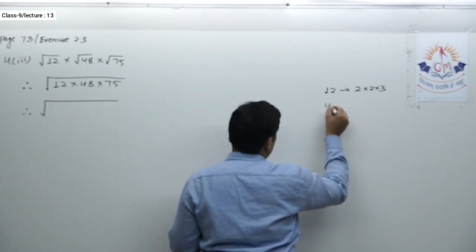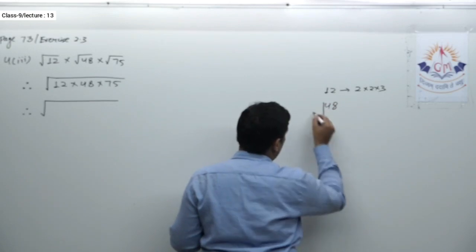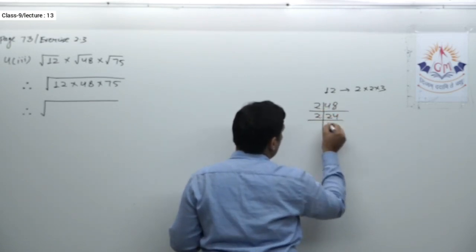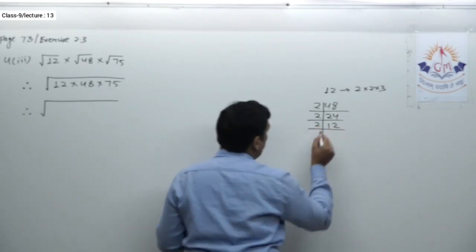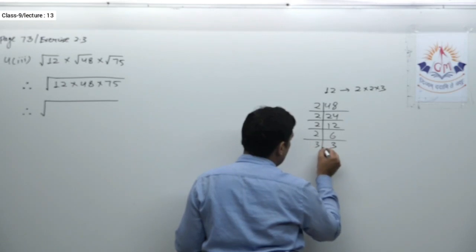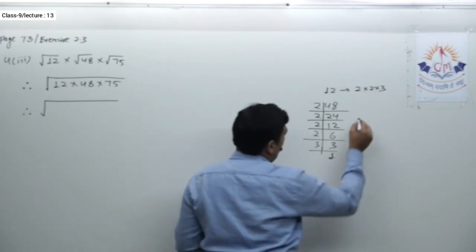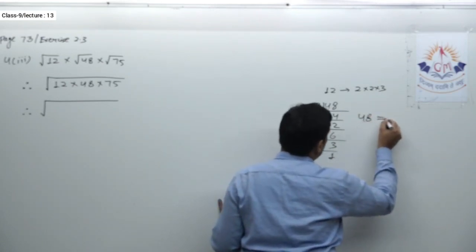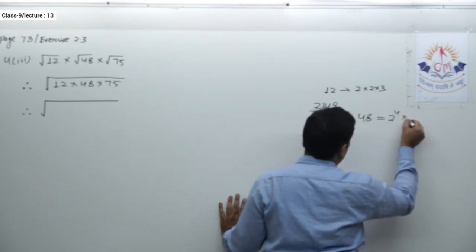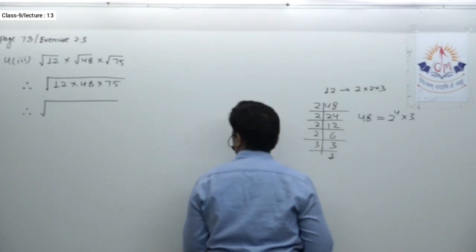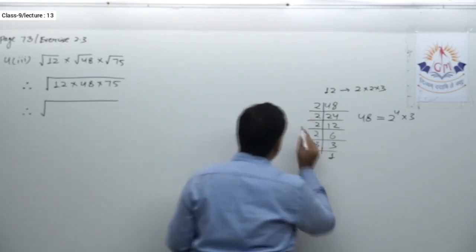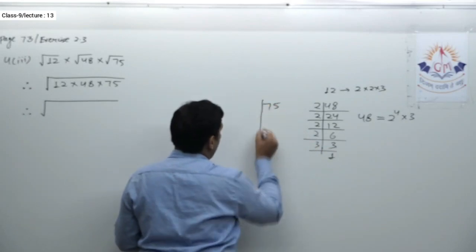Then 48: start from 2, so 24, then 2, so 12, then 2, then 6, then 2, then 3, 3, then 1. So I can write 48 is equal to 2 into 2 into 2 into 2, that is 2 raised to 4, multiplied by 3.